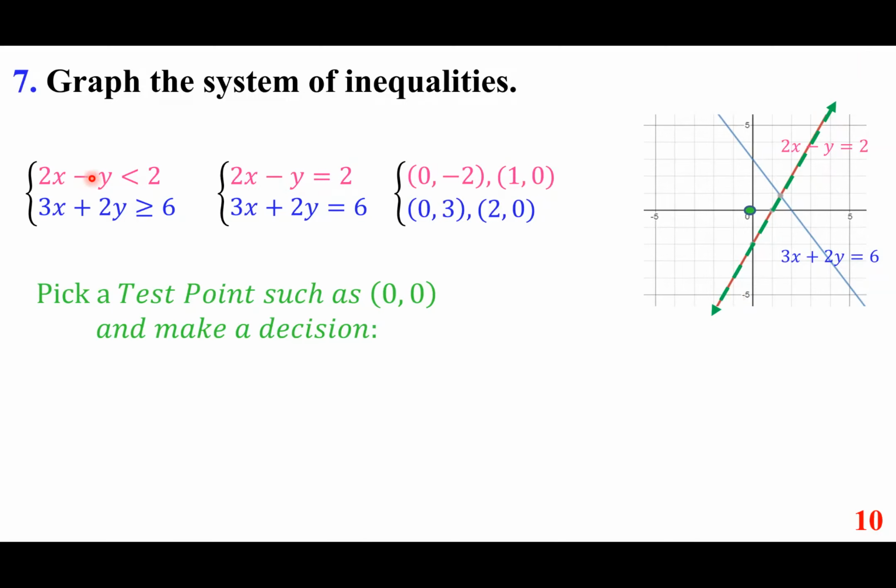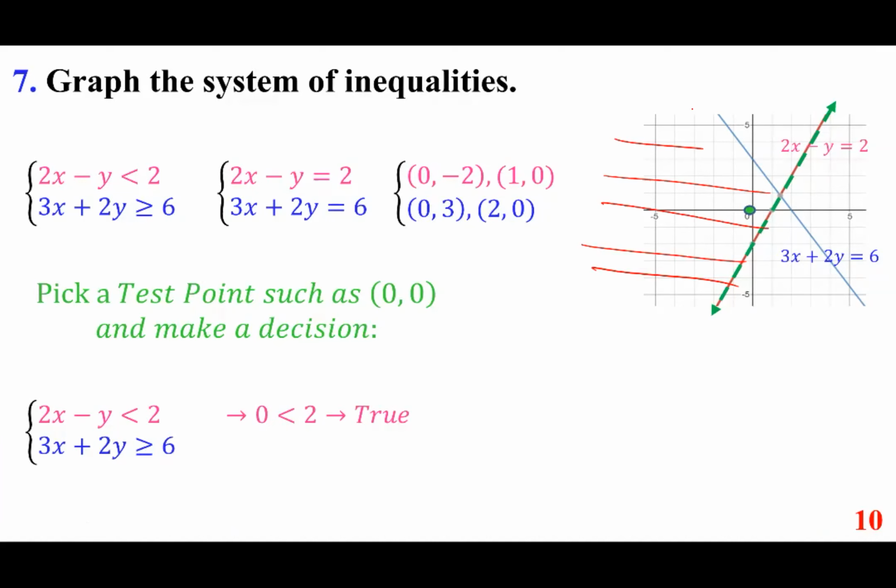If I put 0, 0 here, 0 less than 2, that's a true statement. 2 times 0 minus 0, that's a true statement. So I'm looking at the red line. 0, 0 works, so I'm going to shade this region. That means this side. I'm just looking at the red line, which is now shaded, a dashed green. And the second one, the blue one, if I put 0, 0, 0 is larger than or equal to 6, that's a false statement.